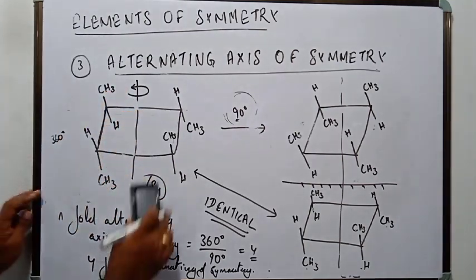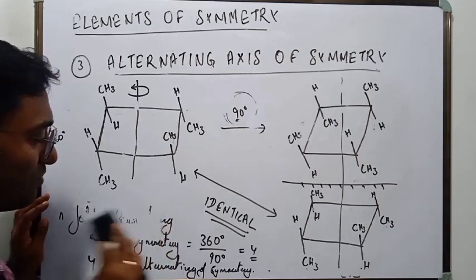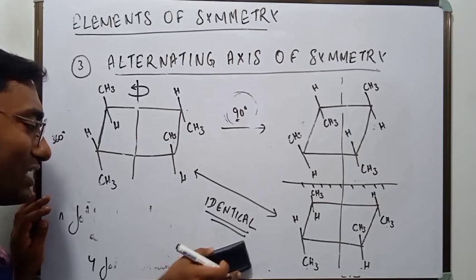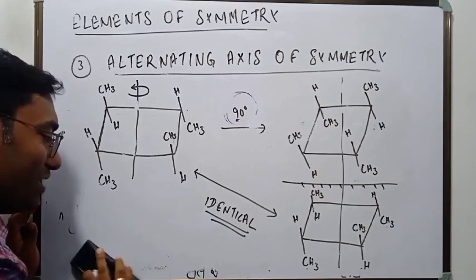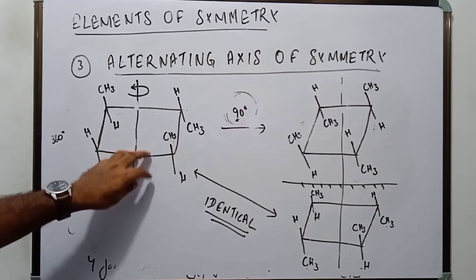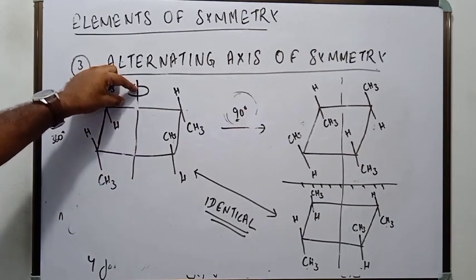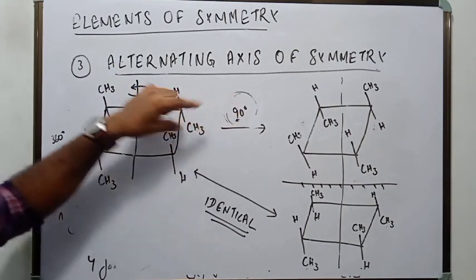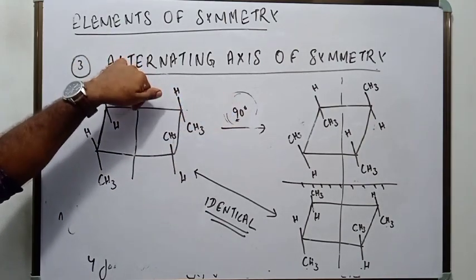However, for our purpose, we only need to know whether the molecule is chiral or achiral. So it is achiral because it has an alternating axis of symmetry. As I already said, to know whether it has an alternating axis of symmetry, you have to rotate the molecule at a predetermined angle of rotation until the whole molecule is rotated through 360 degrees.